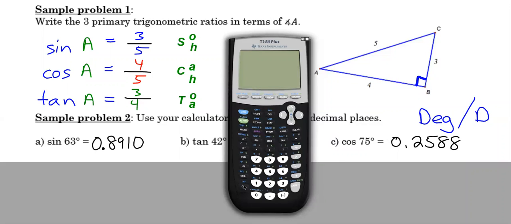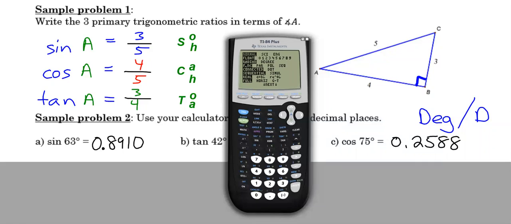So on your calculator, sine of 63, and you'll get your answer. Now, a lot of calculators that are not as sophisticated as mine, what you're looking for in the display area is either the word DEG for degrees, or just the letter D. You'll have to check your manual to get that set up.